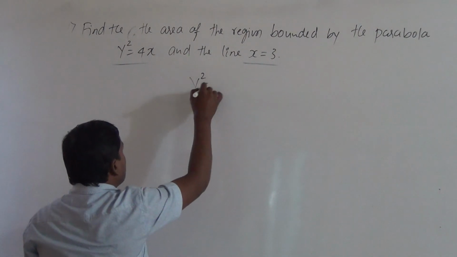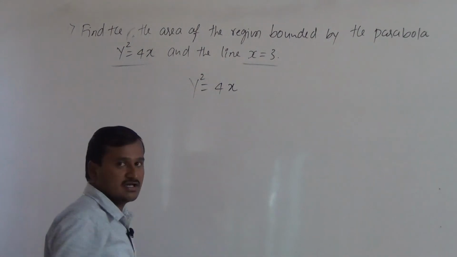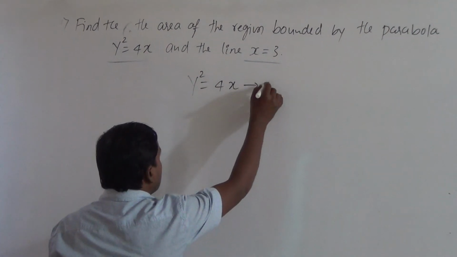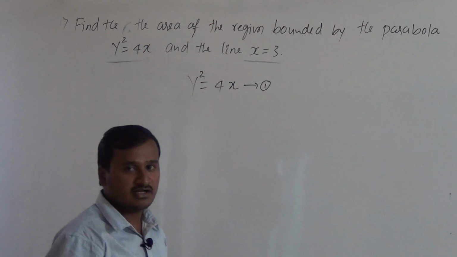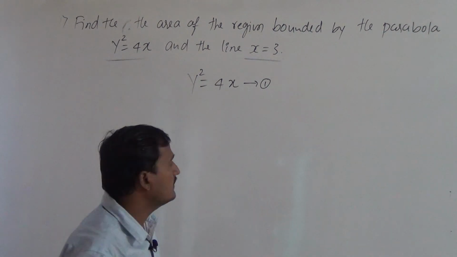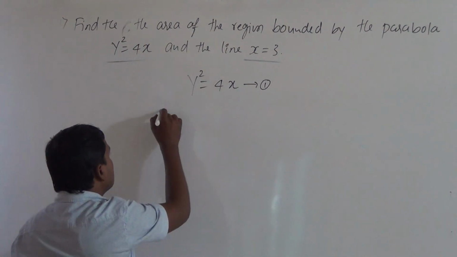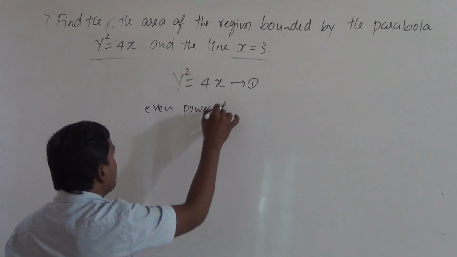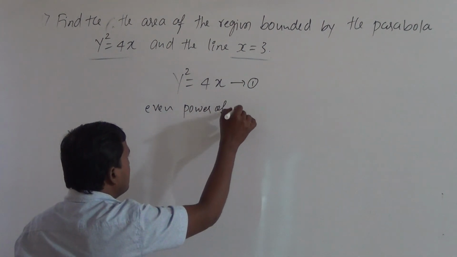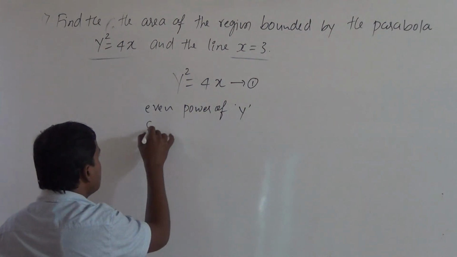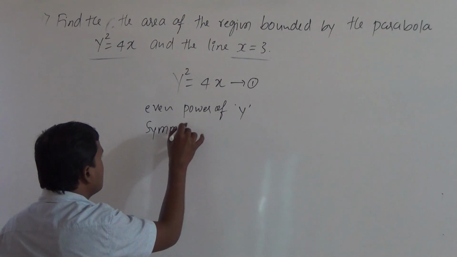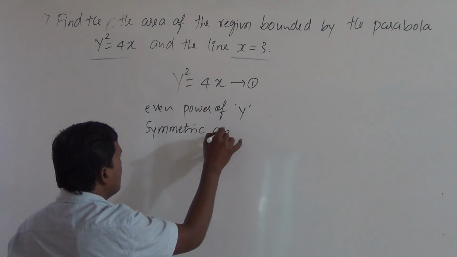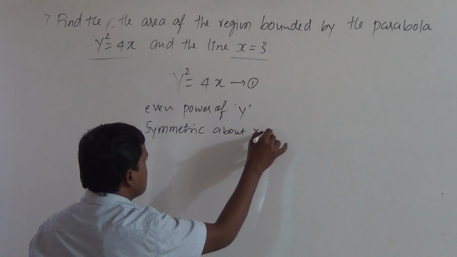They are given y square is equal to 4x. So clearly what does it represent? It represents the equation of a parabola, and clearly it is an even power of y. Even power of y means it is symmetric about the x axis, right?